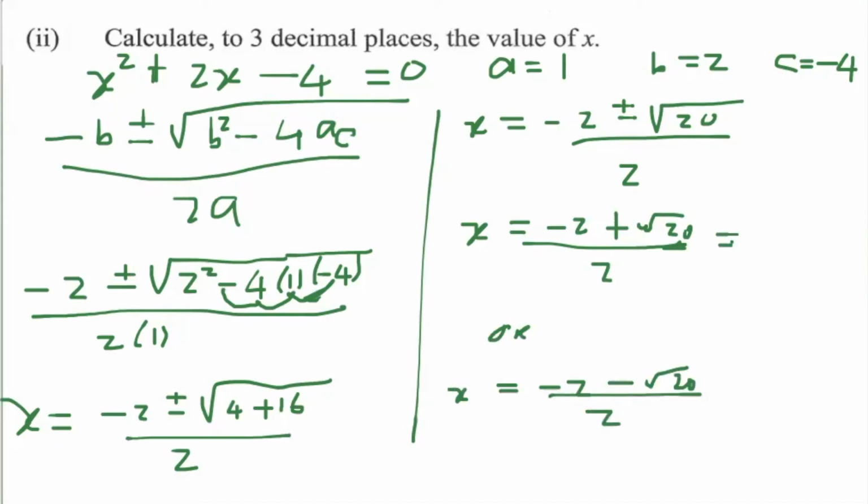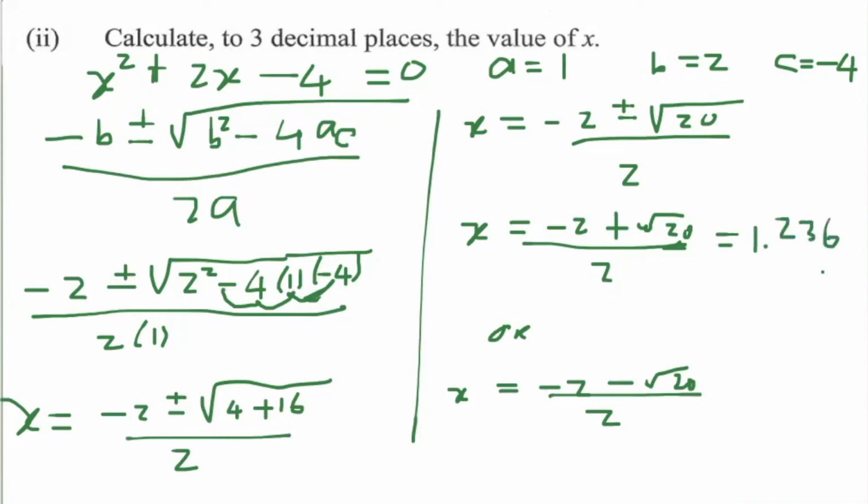So now to calculate this, pay attention that we need 3 decimal places. Entering this into your calculator, you'll enter minus 2 plus root 20, then we divide it by 2. So your answer will be 1.236.